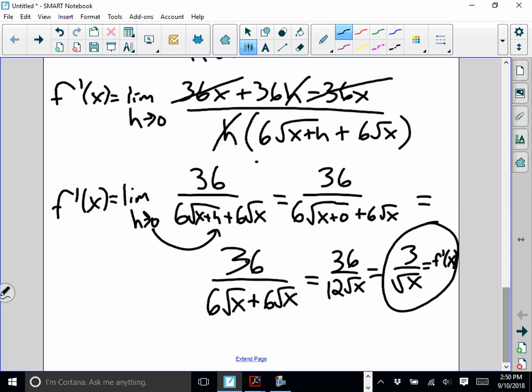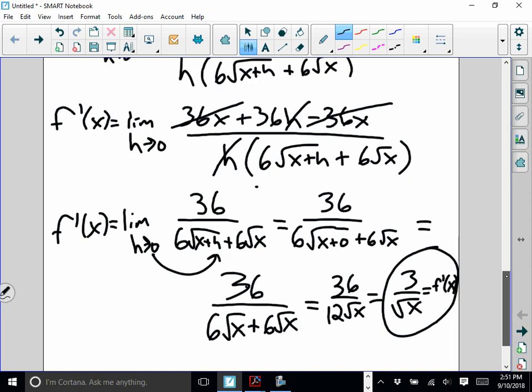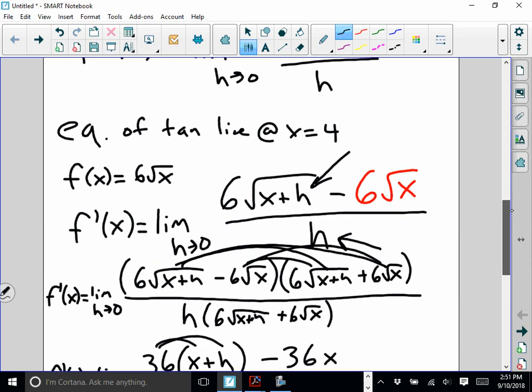Just to confirm, when you get your final answer, you can catch your mistakes by going back and doing the power rule, right? So I'm going to scroll back up and look at the power rule of this function. For this function here, 6 root x is the same as 6x to the half. Therefore, f prime of x, we'd have to use the power rule. We take this half and multiply by the 6, and we get 3x.